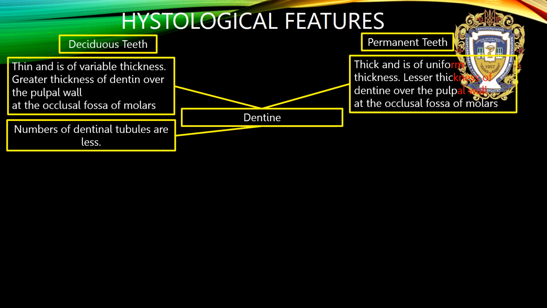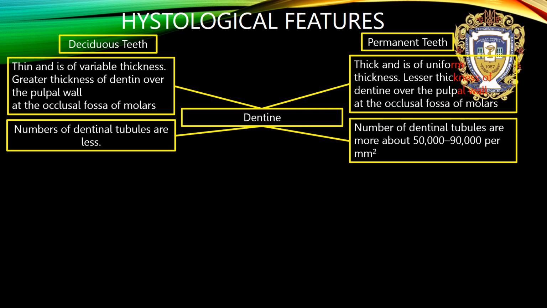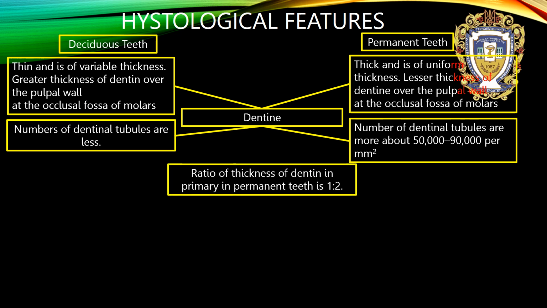The number of dentinal tubules in temporary teeth dentine is less. In permanent teeth, the number of dentinal tubules is more, about 50,000 to 90,000 per millimeter square. A ratio of thickness of dentine in permanent teeth is 1 to 2.